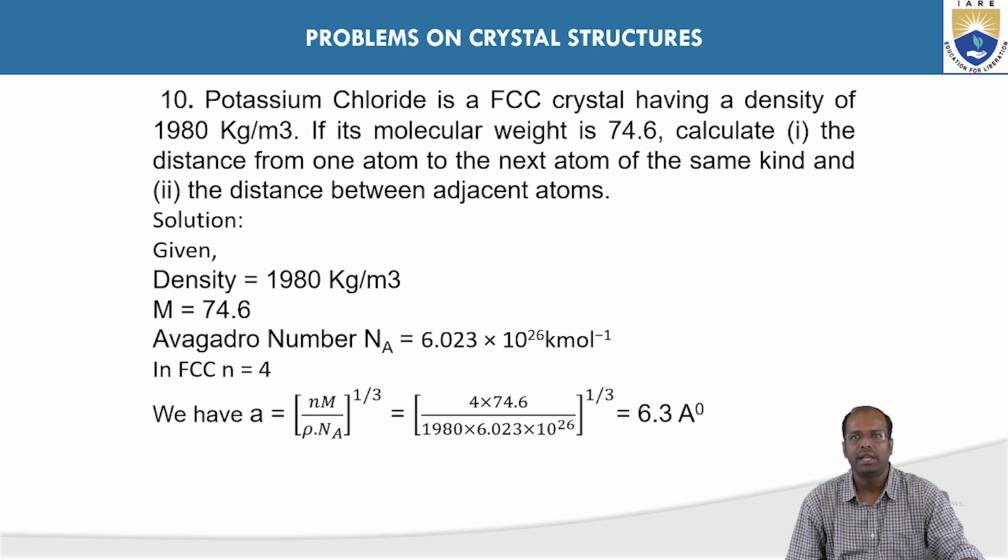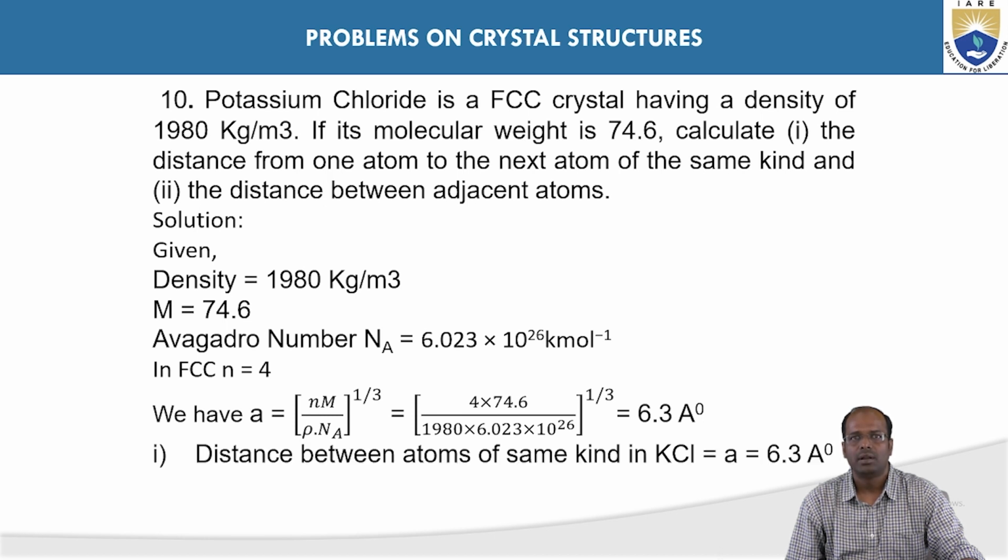Substituting the parameters, we get the lattice constant A is equal to 6.3 angstroms. This is the distance between atoms of the same kind in potassium chloride.